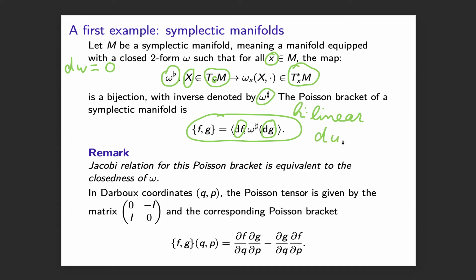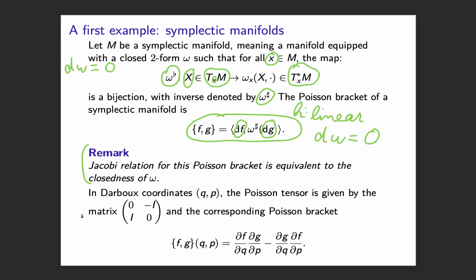You will make crucial use of the fact that omega is closed to prove that this bracket is a Poisson bracket. The Jacobi relation for this Poisson bracket is actually equivalent to the closedness of omega. That's why I wrote it here.